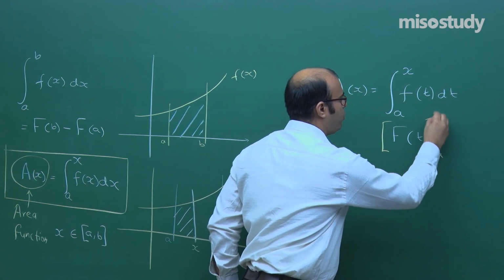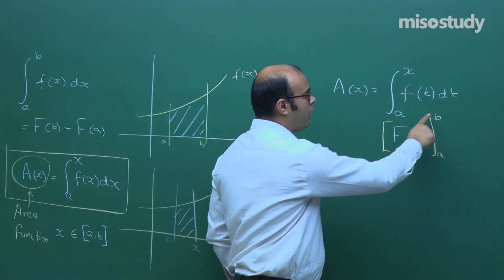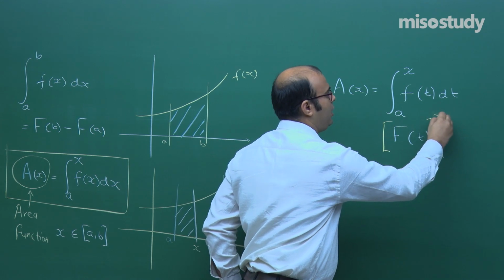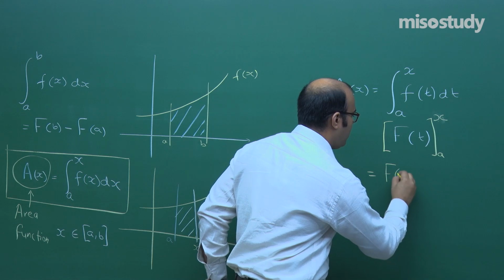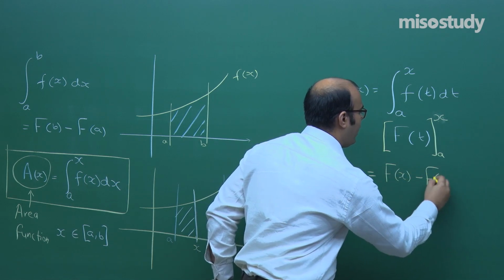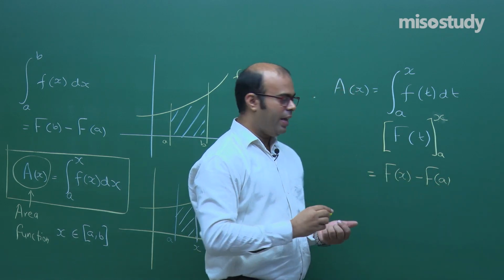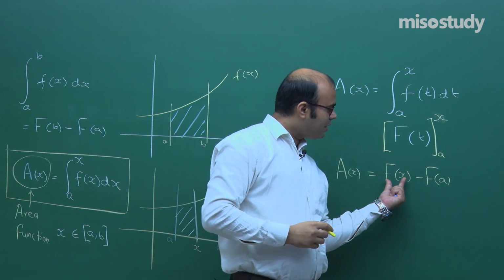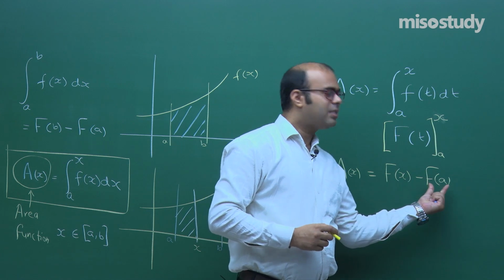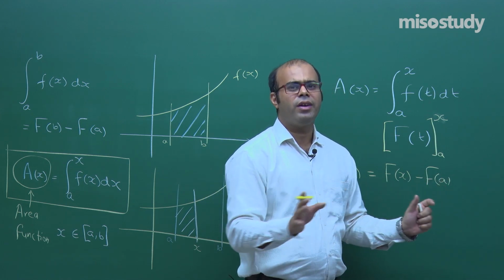When you put the limits a and x, obviously, because the upper limit is x, you will get F(x) minus F(a), which is the area function A(x). This is a function of x, and this is a value which is not a function of any variable.